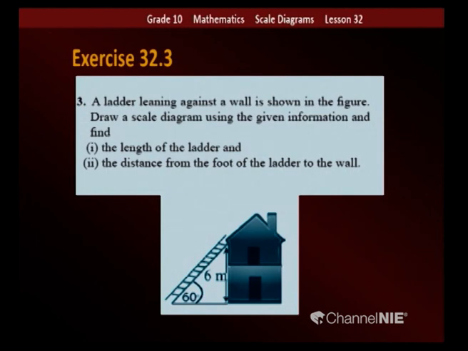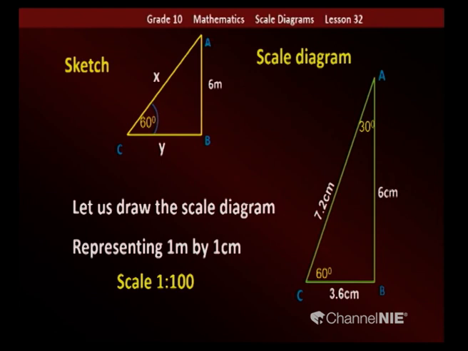Okay, see here 6 meters is given and the angle between the horizontal level or the ground level and the ladder is 60 degrees. See, this is the sketch diagram. I have named it. AC is the ladder. The length is x there. Then it will be easy for you. Now CB is the distance between the foot of the ladder and the wall. That is y.